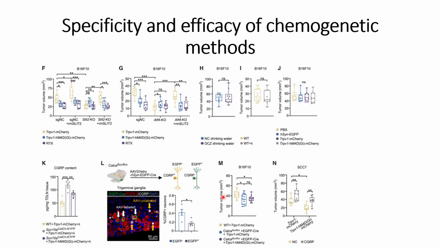However, when they checked the effect on tumor volume, in the case where the Calca gene is knocked down, they do not see a decrease in tumor volume compared to the case where no HM4DGI is used.